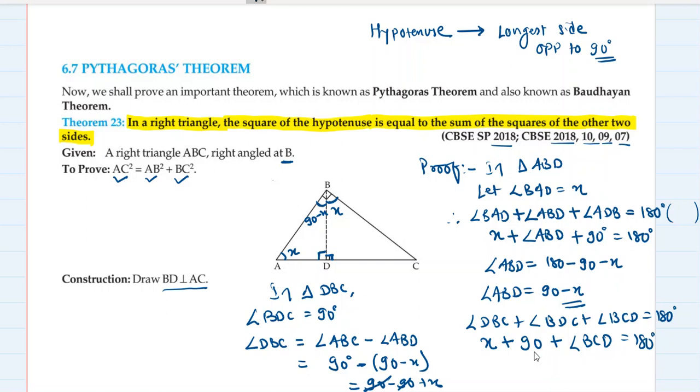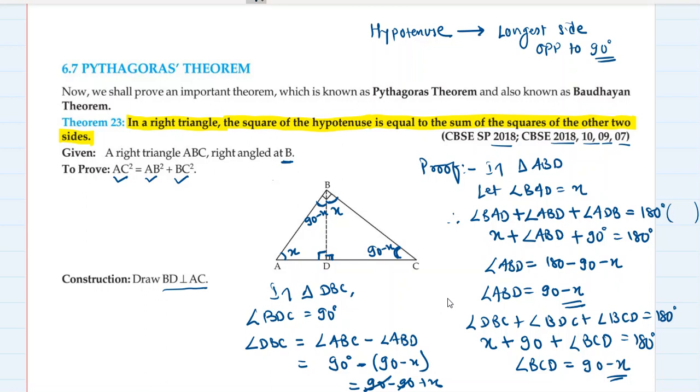We don't know. So angle BCD is equal to, now if you subtract 90 and x from 180, what do you get? 180 minus 90 minus x, you get 90 minus x. So you get angle BCD also as 90 minus x.